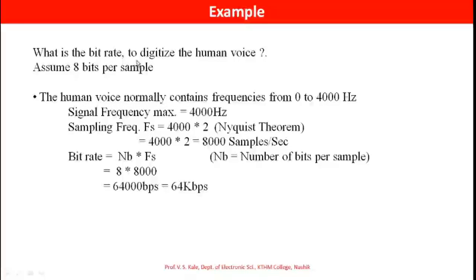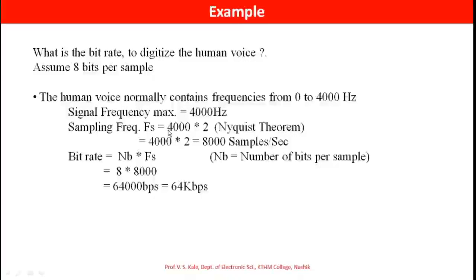What is the bit rate to digitize the human voice? I assume 8 bits per sample. The human voice normally contains frequencies from 0 to 4000 Hz, that is 4 kilohertz. Signal maximum frequency is 4000 Hz.